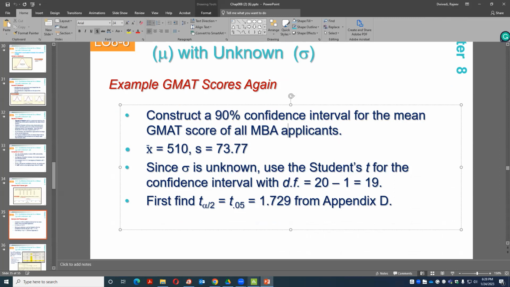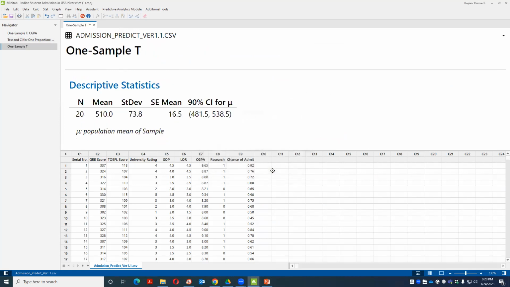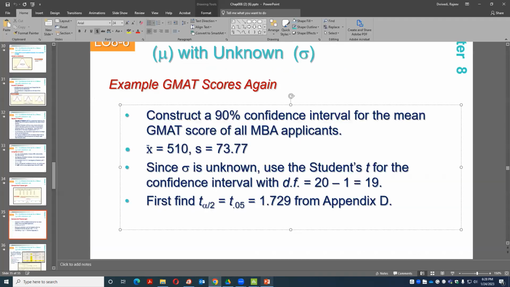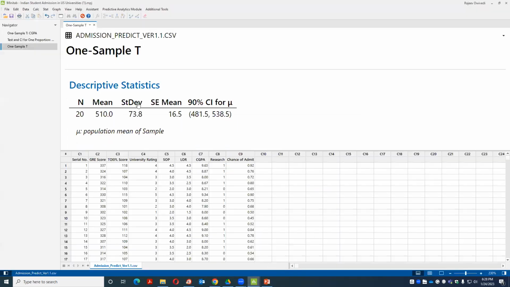They are asking 90%. So 510 is the mean. I entered a wrong standard deviation, I believe. It is rounding: 73.77, which they are rounding to 73.8.